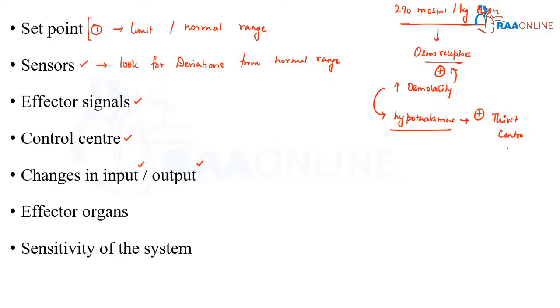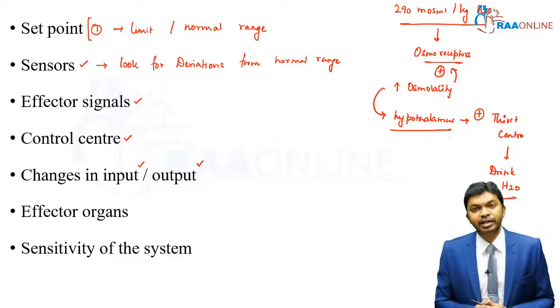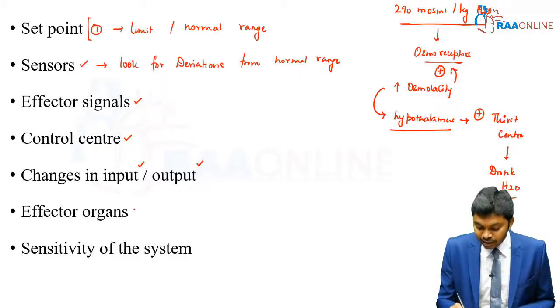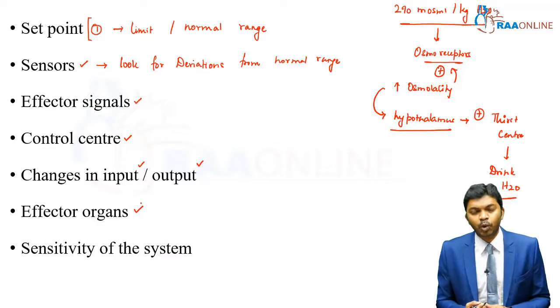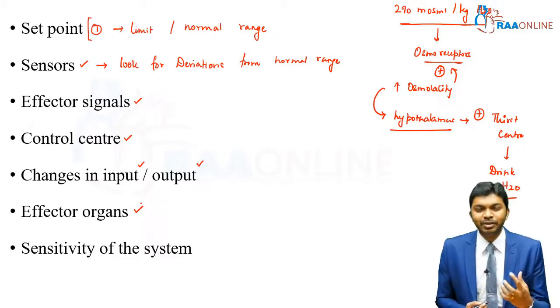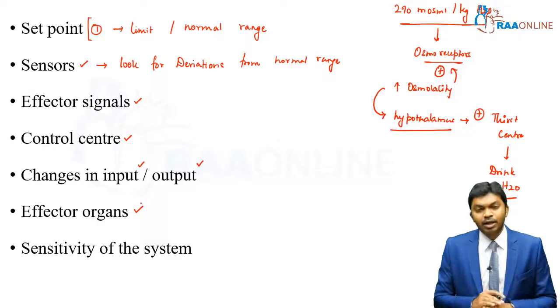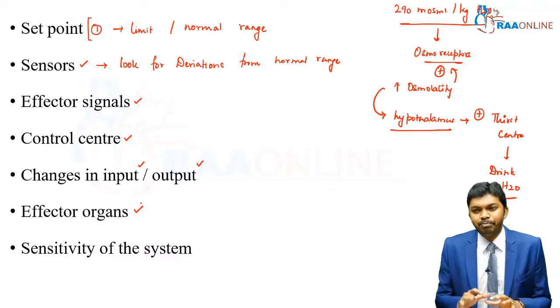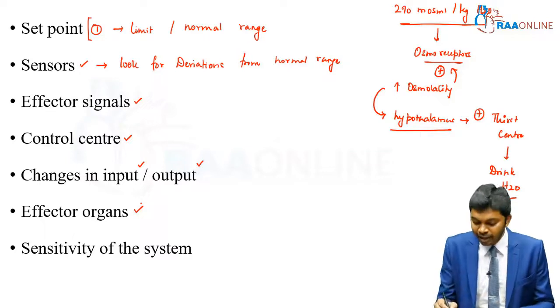In this case, the thirst center is activated and the subject drinks more water, so input is changed. If he is eating, he will stop eating and drink more water because his thirst centers are activated. With the changes in input as well as output, there are effector organs involved. As we drink water, it gets to the GIT, and that is the effector organ, people.